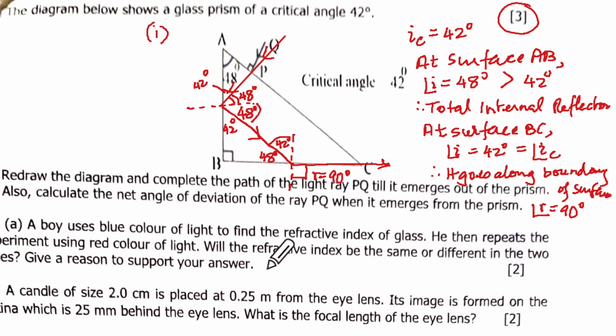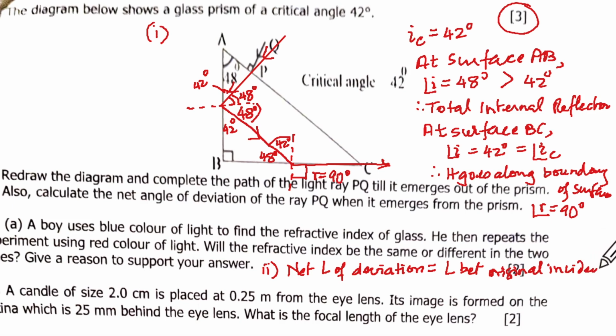Okay. The second part, they are saying net angle of deviation, which means the angle between the original incident ray and the final emergent ray.